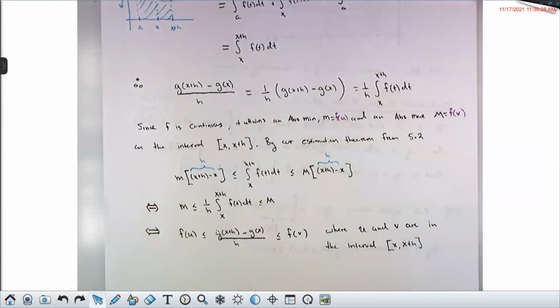So what I want you to do now is think about it like this. For every number h, I can find a u and a v so that this is true. And those numbers u and v are both stuck between x and x plus h, whichever one is bigger, doesn't matter.